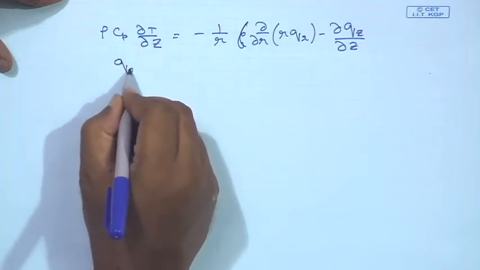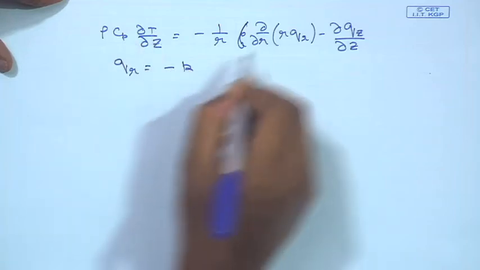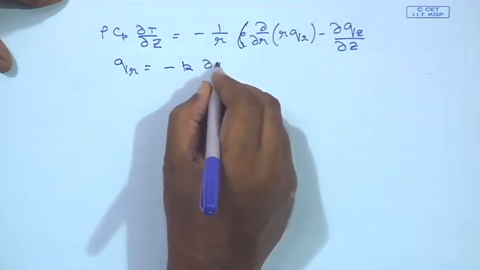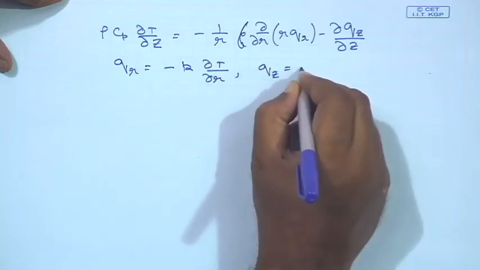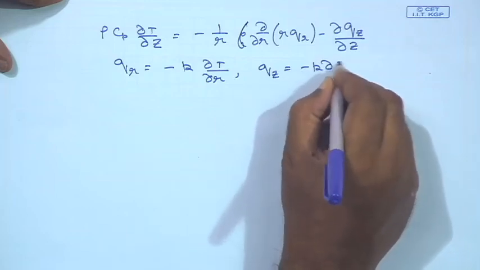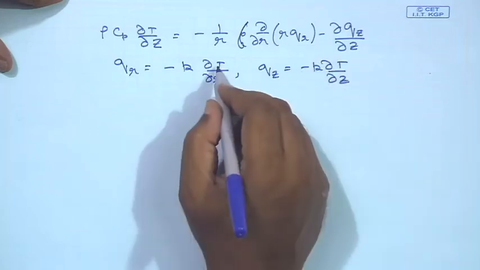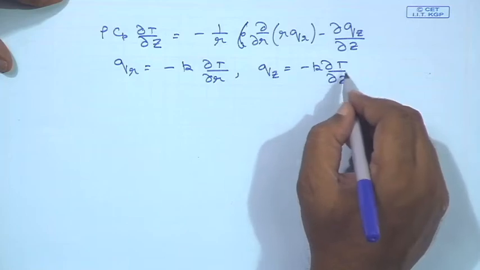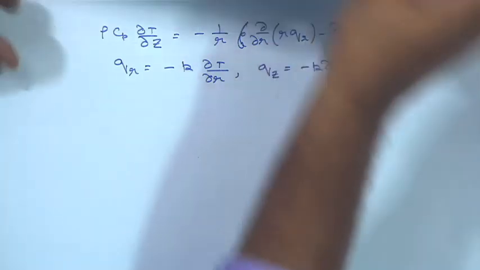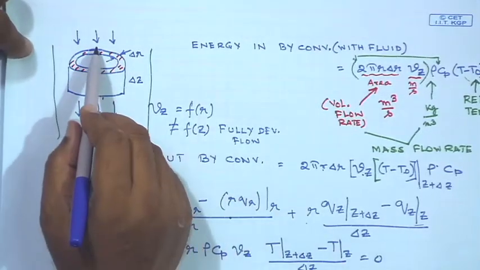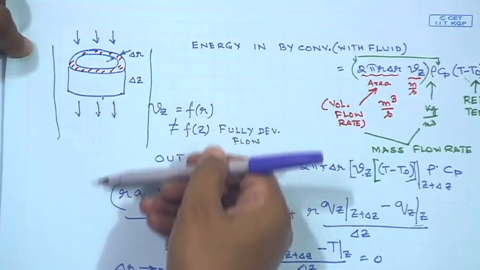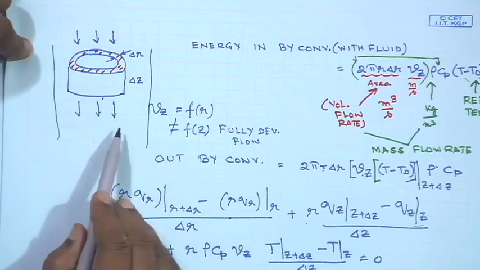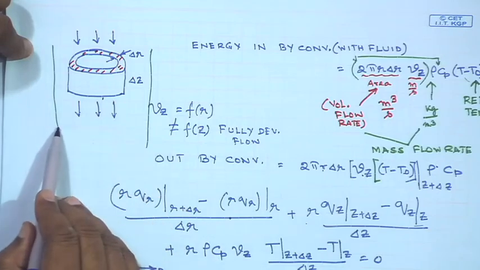And when you put q r using Fourier's law, these are all fluxes. So, q r is minus k del T by del r and q z is equal to minus k del T by del z, variation in temperature with r and variation in temperature with z, and we understand that in this system the temperature will be a function of z. As I move in this direction, the temperature will increase, and the temperature will also be a function of r.